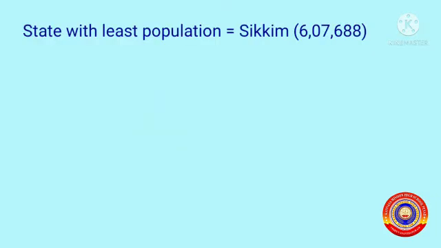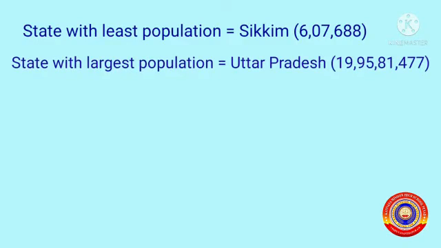We found that the state with the least population is Sikkim, and its population is 6,07,688. And the state with the largest population is Uttar Pradesh with a population of 19 crore 95 lakh 81,477.